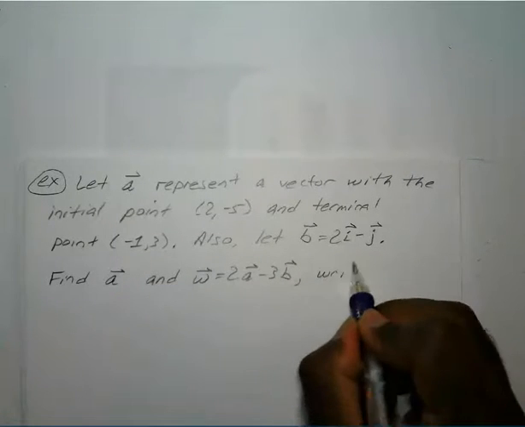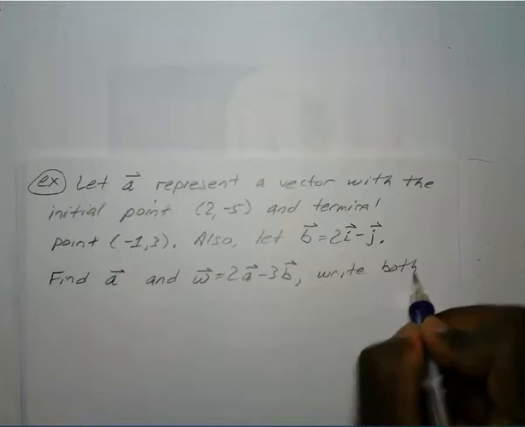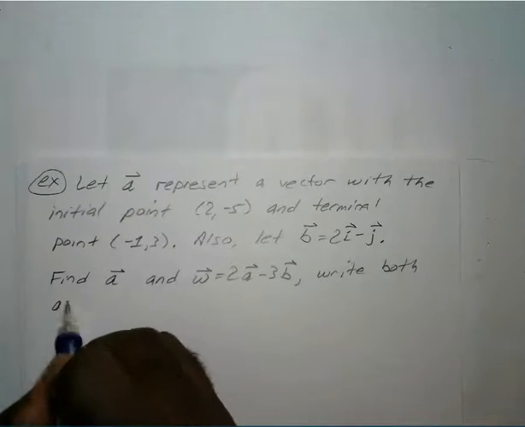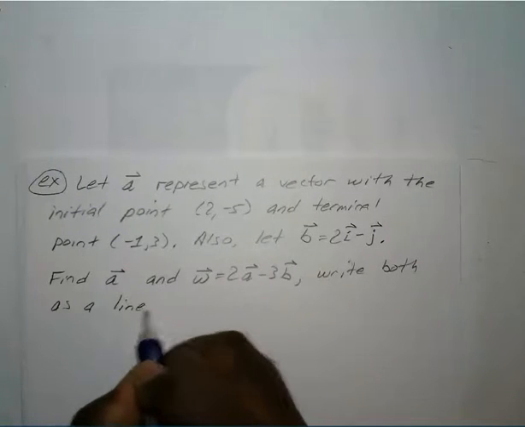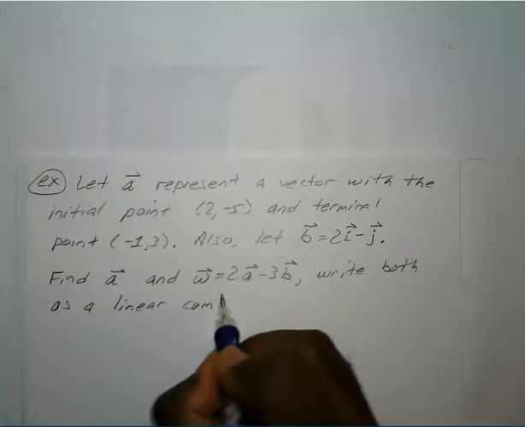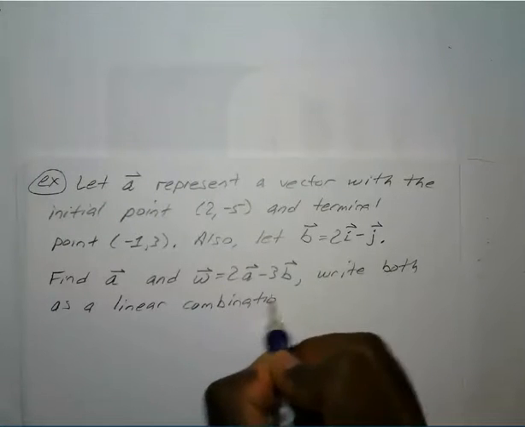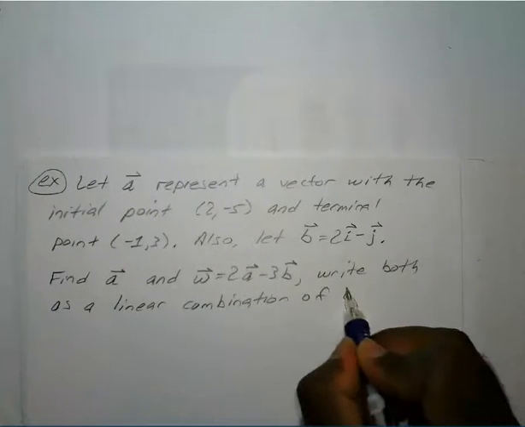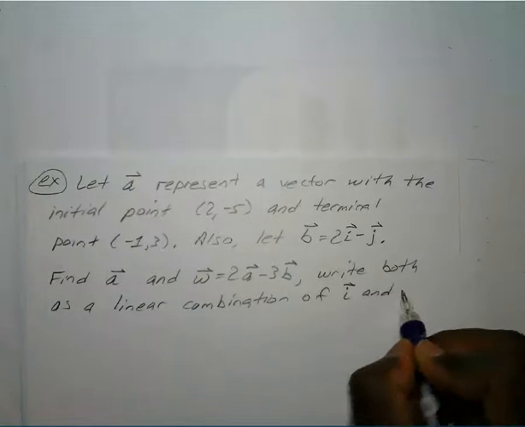And we want to write both as a linear combination of I and j vectors.